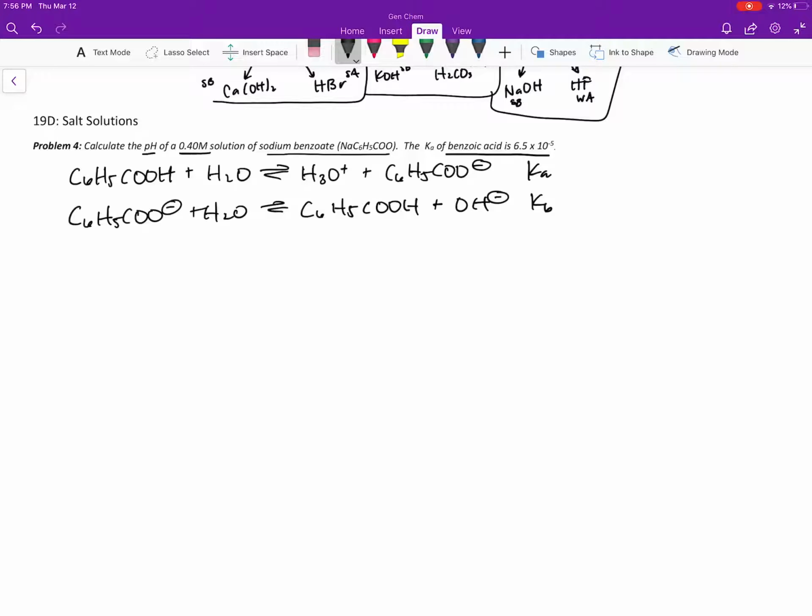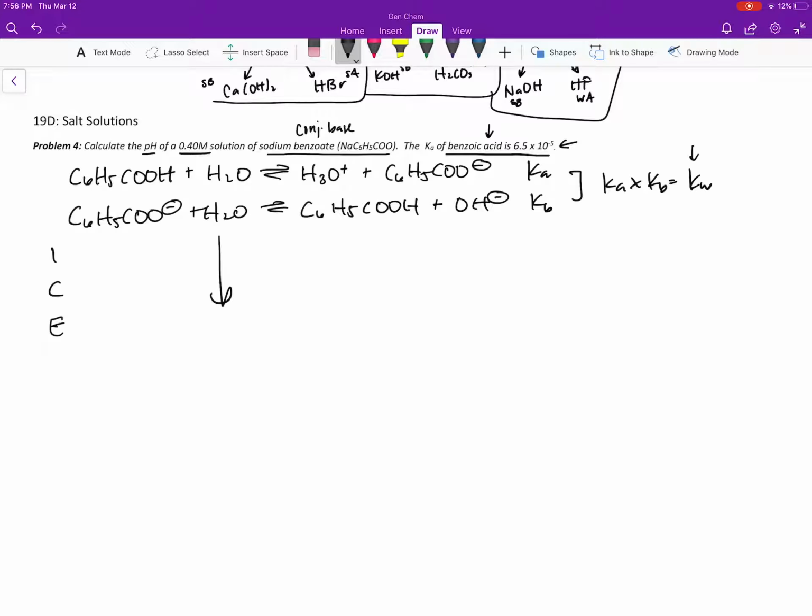So two different options, and we know that we can relate the two to each other through Ka times Kb equals Kw. So if I know Ka and I know Kw, I can solve for Kb because this is the conjugate base of benzoic acid. I'm going to go ahead and use the second one just because it's here at the bottom and I like to not have to rewrite it. But you could do either one.